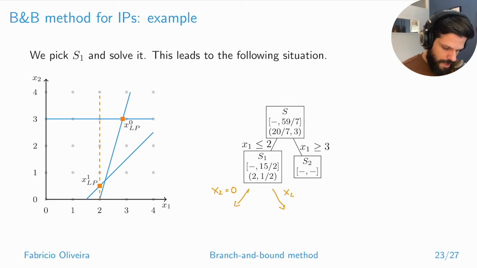And in this case, we'll have x2 greater than or equal than 1. So we will be generating a subproblem, say S11, that wants x2 less or equal than 0, so it would be this feasible region, basically. And for x2 greater than or equal than 1, we will be wanting things that are above this line.